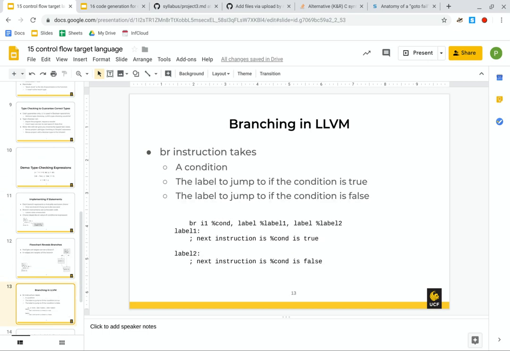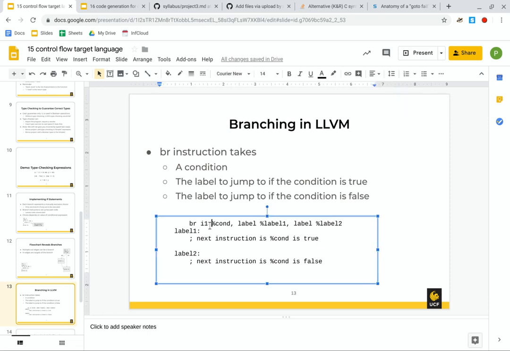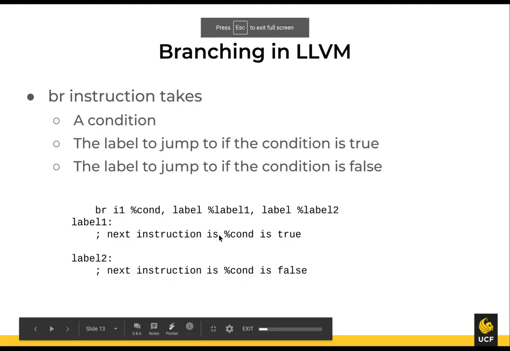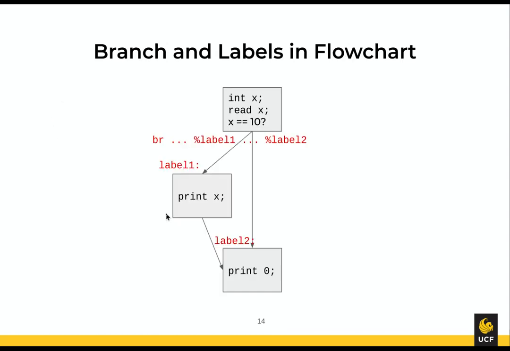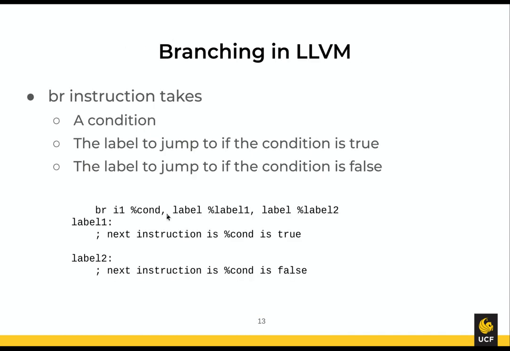Then we looked at LLVM's branch instructions. So the branch always takes a 1-bit value, which we can get from a comparison operation or the result of an AND or an OR. And the conditional branch in LLVM takes the condition value in some register and 2 labels.